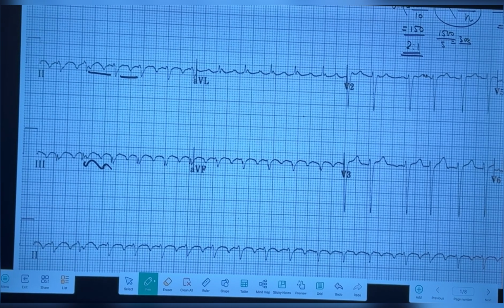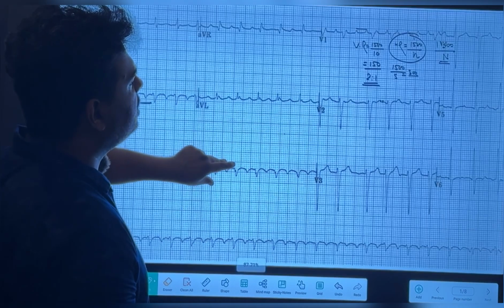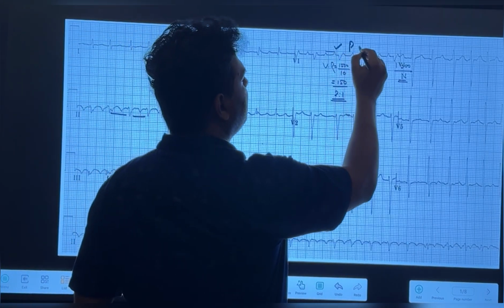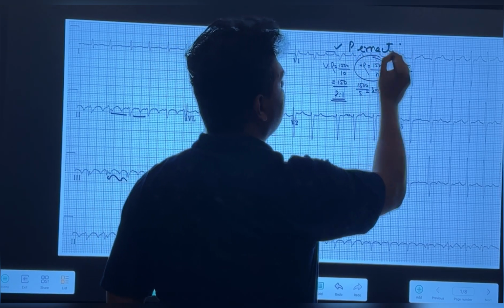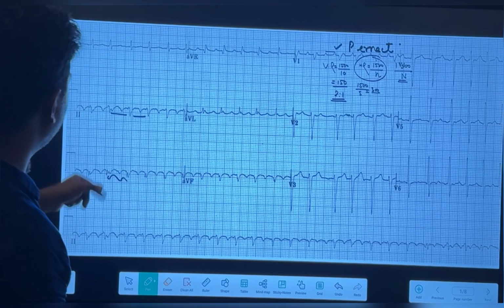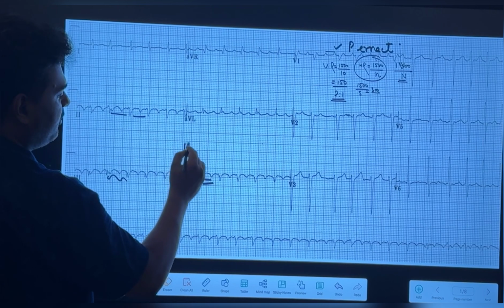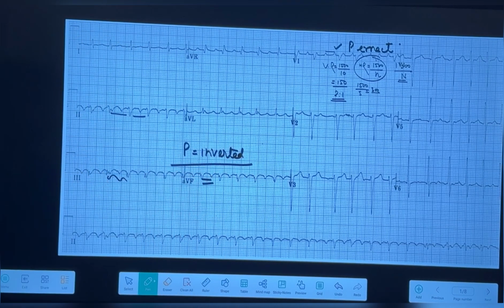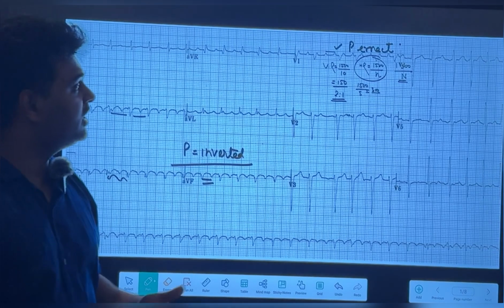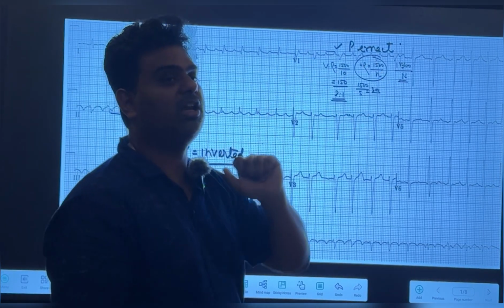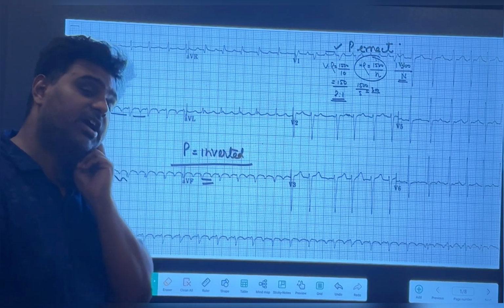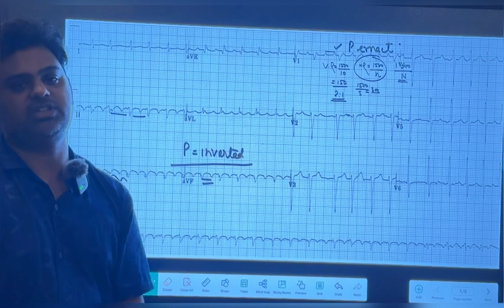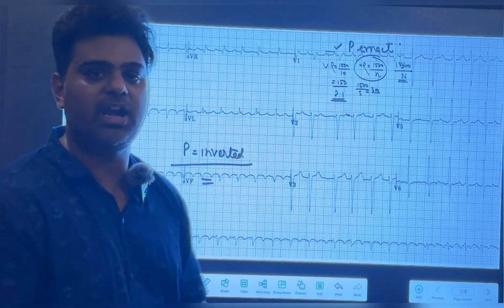Now what you should see is that in V1 the P waves are erect, and in 2, 3 and AVF the P waves are inverted. So in inferior leads P waves are inverted, and in V1 P waves are erect. That means which kind of atrial flutter is it? Yes, it is anti-clockwise type of atrial flutter, CTI dependent anti-clockwise.